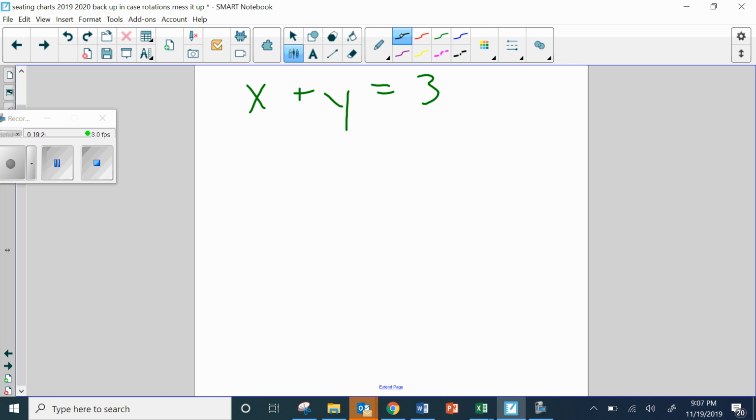And then we had a second equation, something like 5x subtract 2y equals 8, we'll say.